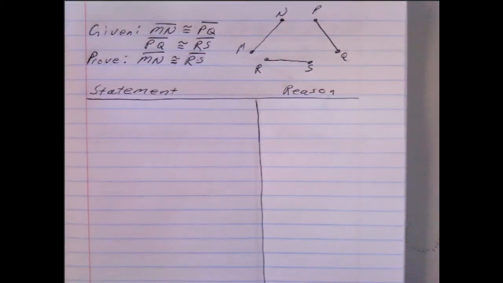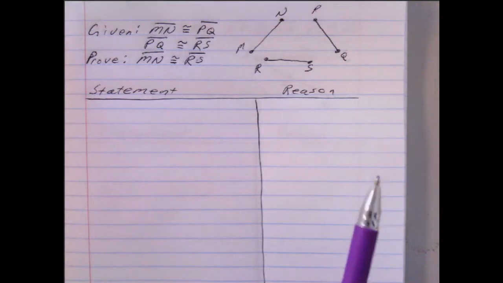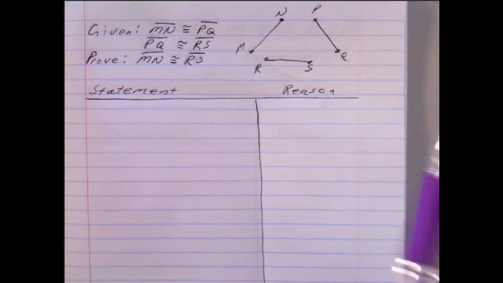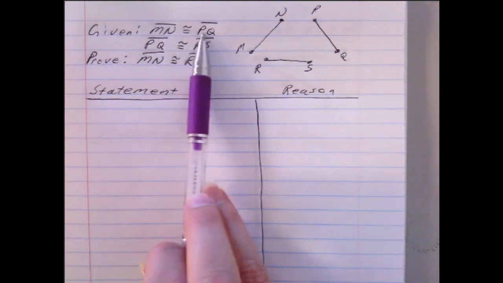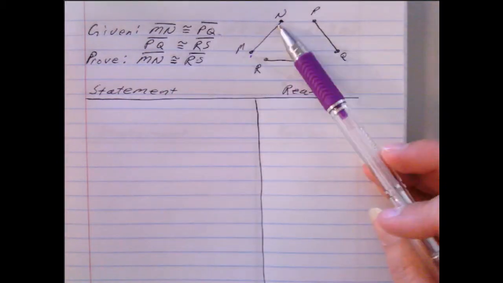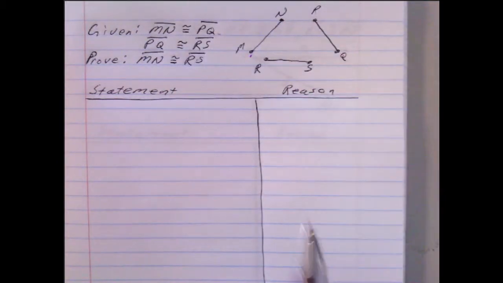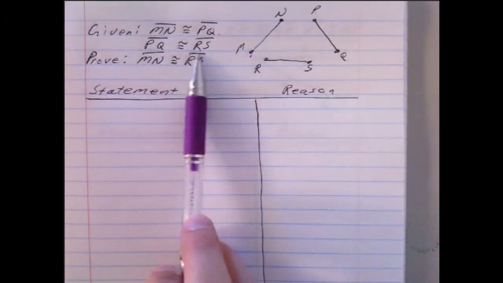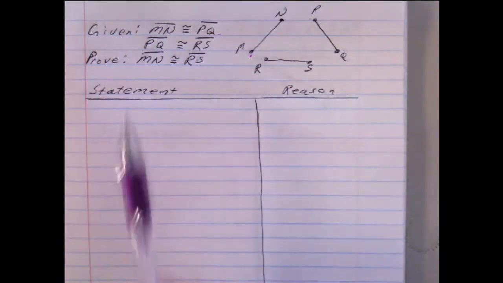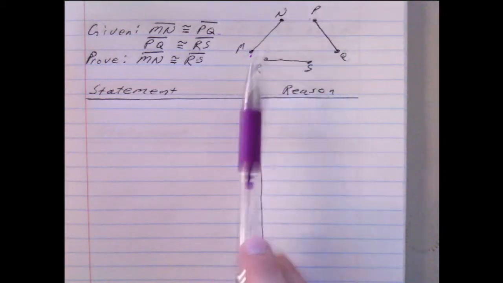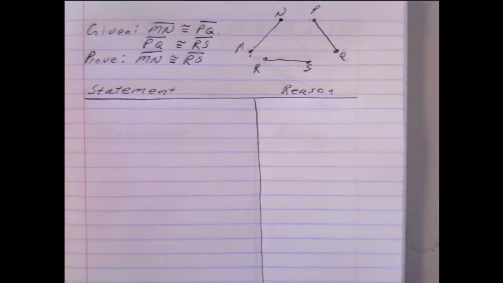Alright, so here's the next one. We're going to start with a couple congruency statements. So we have MN is congruent to PQ. So this one is congruent to PQ. And then we have PQ is congruent to RS. So PQ is congruent to RS. And we're going to prove that MN is congruent to RS.